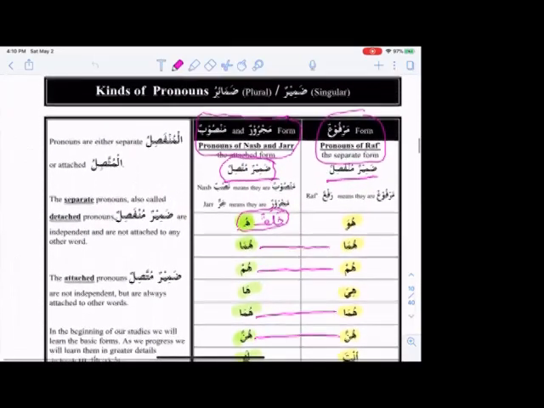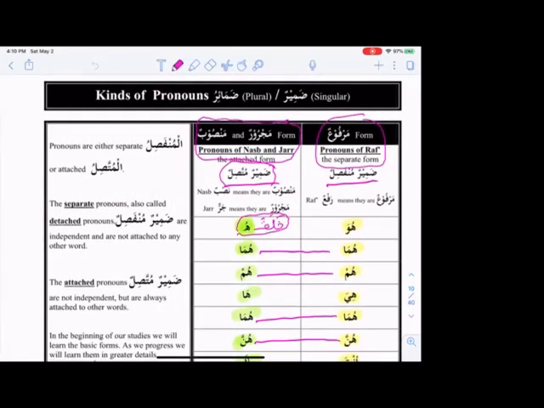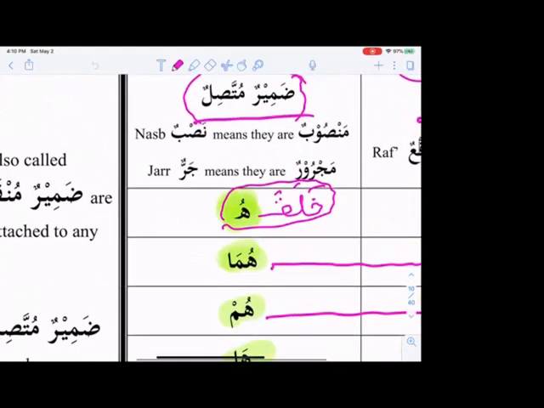Remember. So where is the majroor and mansub? These pronouns, my brothers and sisters, are mansub and majroor. Some of them change their shape, but they are still mabni.